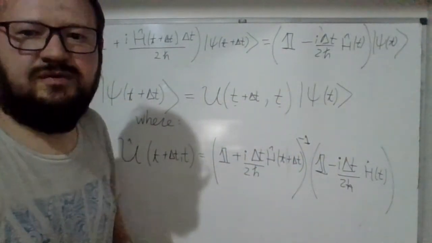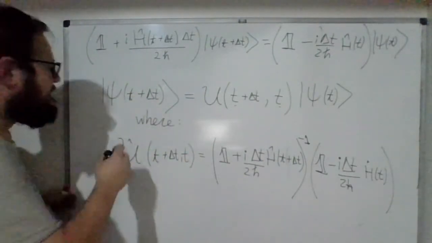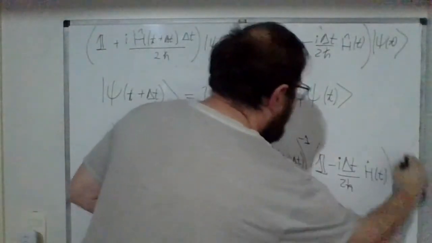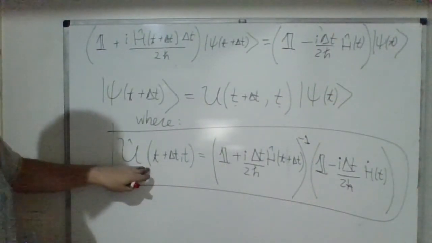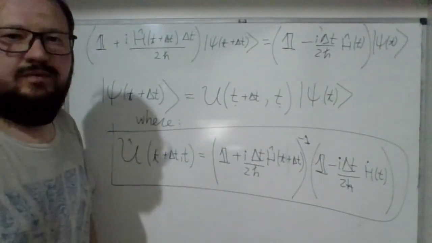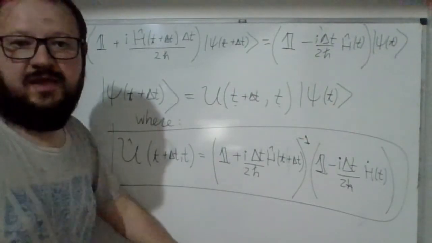So it brings the function from time t to t plus delta t. So how do we perform numerical calculations? You need to define things properly in the computer.